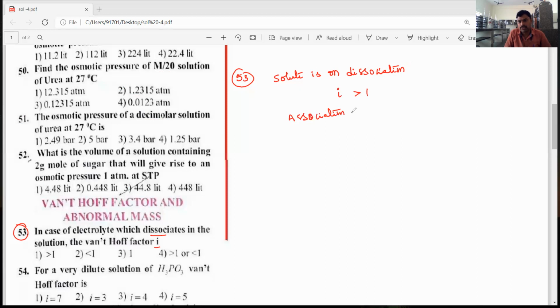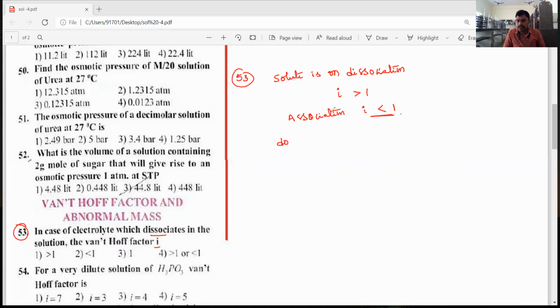In case of association, the Van 't Hoff factor i value is less than 1. Association means it may be dimerization, trimerization, tetramerization, or polymerization. Then the number of molecules, or particles, will decrease in the resultant solution. Then the colligative properties will decrease. That's why the Van 't Hoff factor i value is less than 1, dear students.